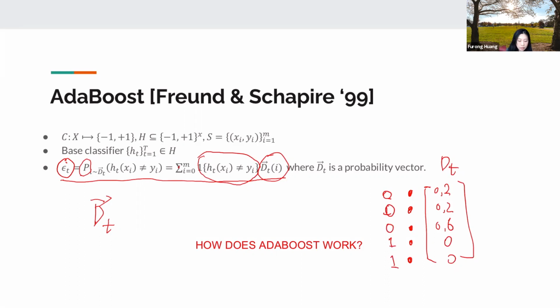So in this example, I'm making mistakes on these 2 examples, but I'm not making any mistakes on these 3 examples. But when I calculate the epsilon t, I actually will have a 0 error because I only care about the first 3 examples, and I'm not making any error on these first 3 examples.